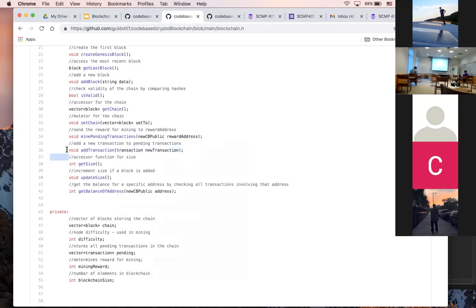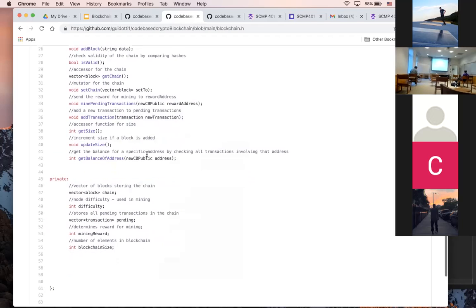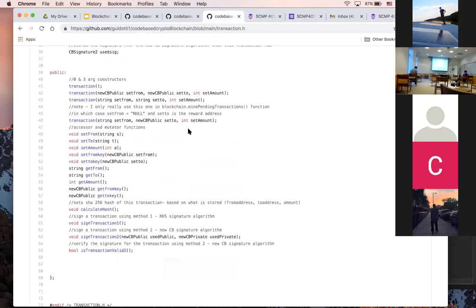We have the add transaction, which in order to do this, we need to make sure that a transaction is valid. And again, I'll talk more about what that means for a transaction to be valid in a bit. And lastly, one of the more important ones too is getting the balance of the address. If you just give it the address of a node in the blockchain, it's able to go through all of the transactions that have been generated in the blockchain and tell you what the balance is.